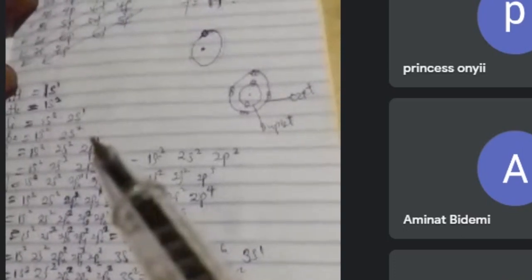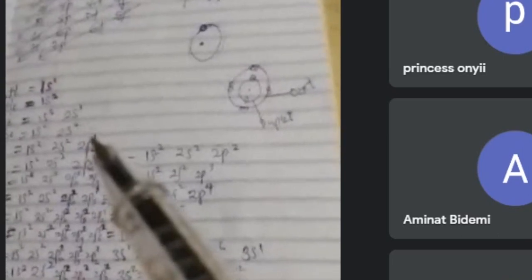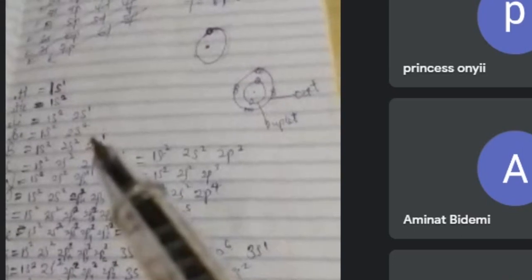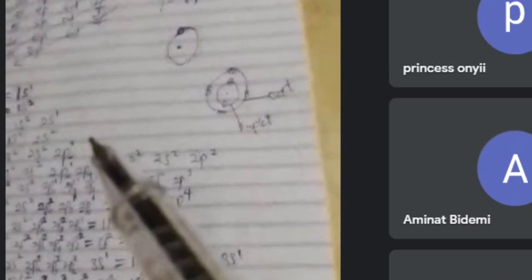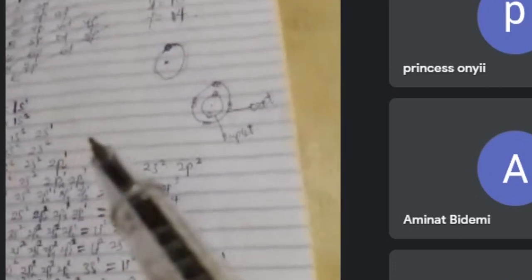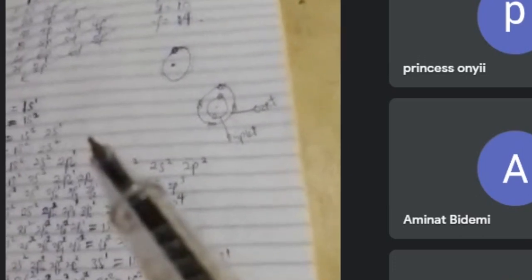I want to know about the period and the energy levels. You mean the number of orbitals in the configuration? The number there is the number of the period. It's the number of the shell. Yesterday I said the number of the shell equals the period number of the element, so it is the energy level that the element ends in each configuration.